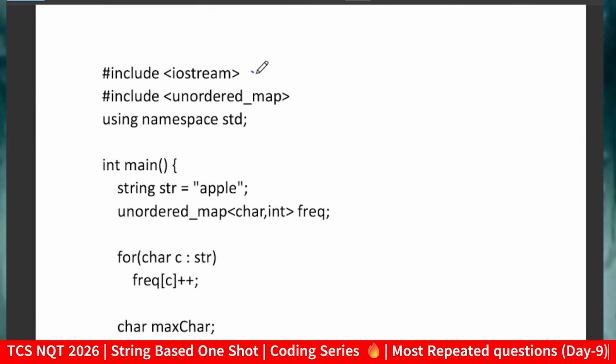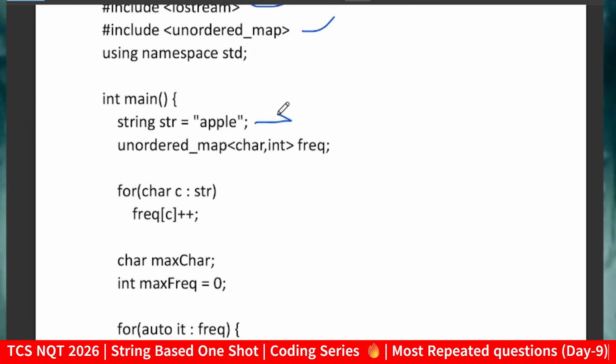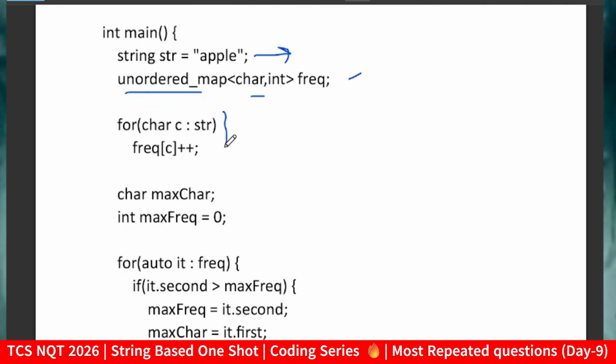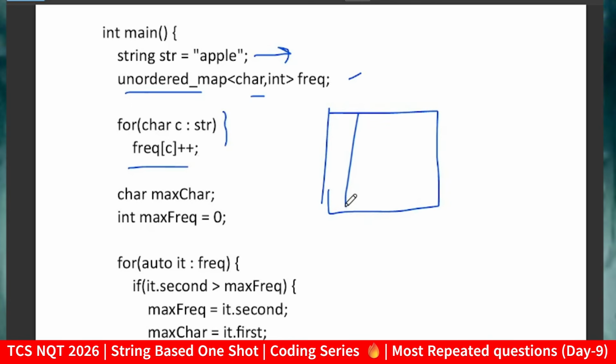Coming to the C++ solution, I include the library iostream and map, with the string "apple". Now I declare a map of char to int called frequency, traverse the string and store the frequency in the map. I've already discussed that this is the map structure, where you store key-value pairs. Here I store the character and here I store the count.